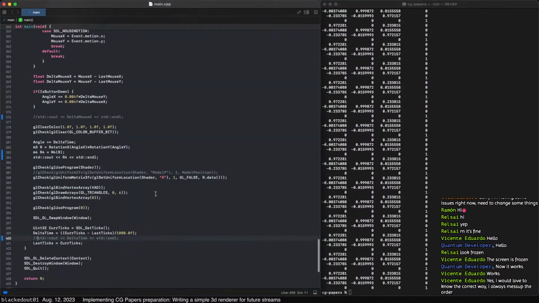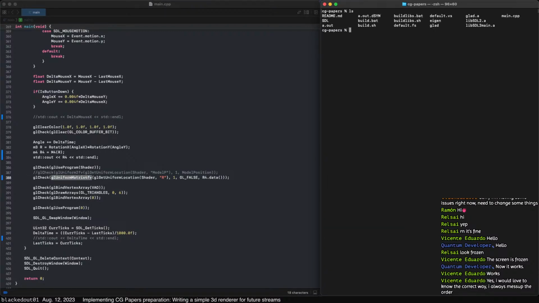Okay, maybe we can even test this, because we can send the 4x4 matrix directly to OpenGL. I just forgot to open the shaders.